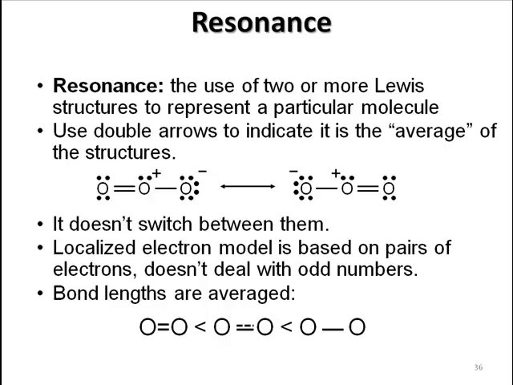So the distance of the bond is going to be in between the two. That's why sometimes it's referred to as a 1.5 bond. In reality, the distance from here to here is the same as the distance from there to there. So the electrons are shared and the bond lengths are averaged.